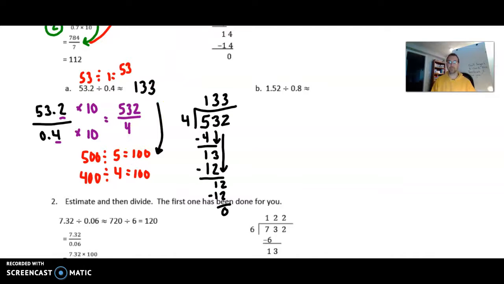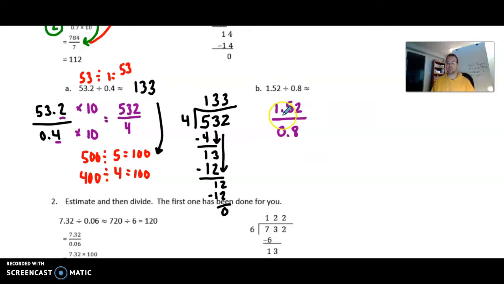Let's do another one. I'm going to set this problem up as 1 and 52 hundredths as our numerator, our dividend, and 8/10 is our divisor, or our denominator. And I notice in this one, this one's in the tenths, and this one here is in the hundredths.